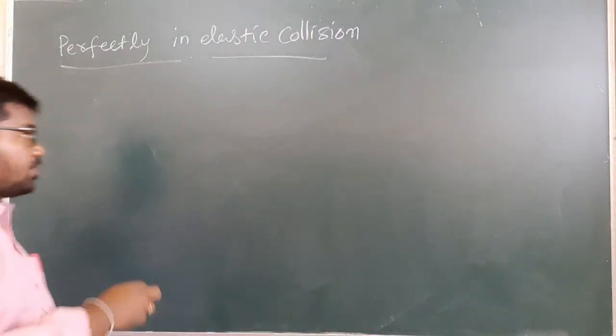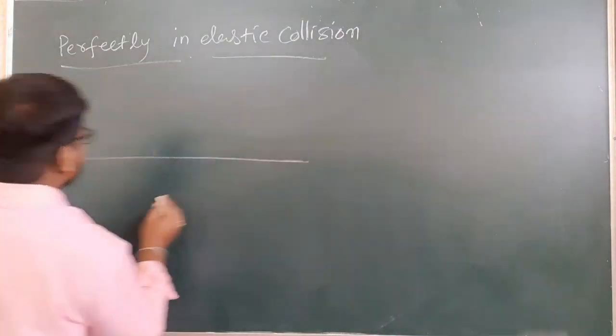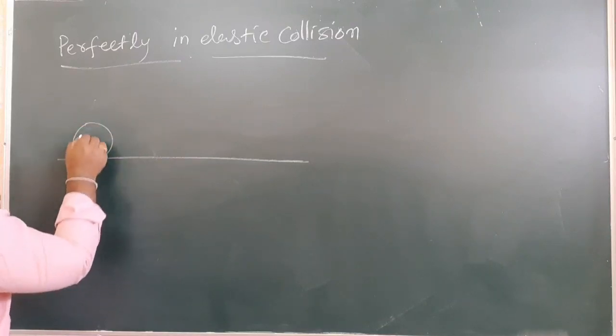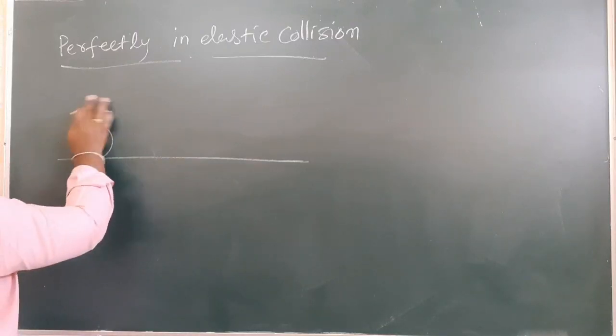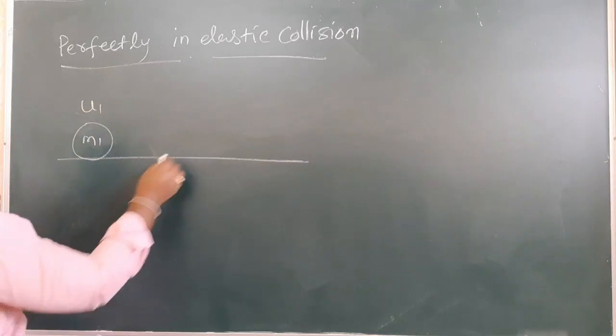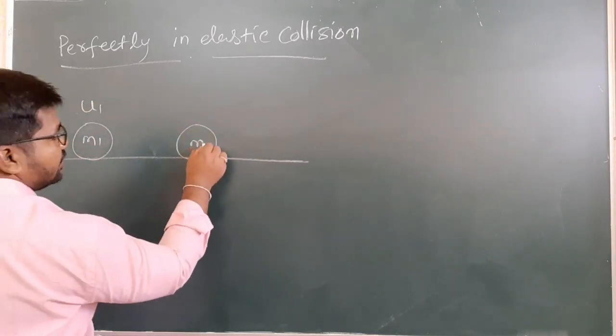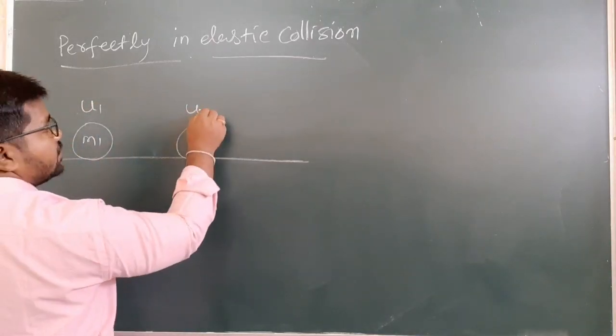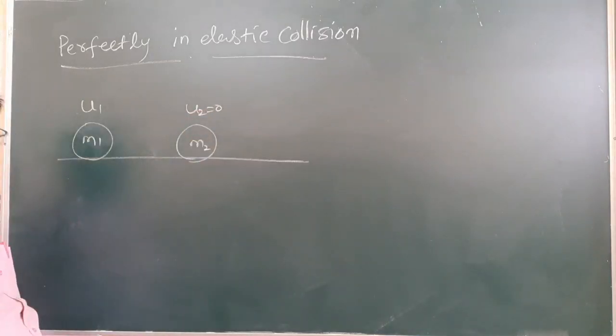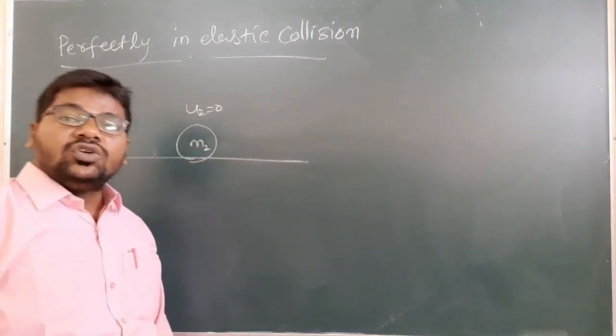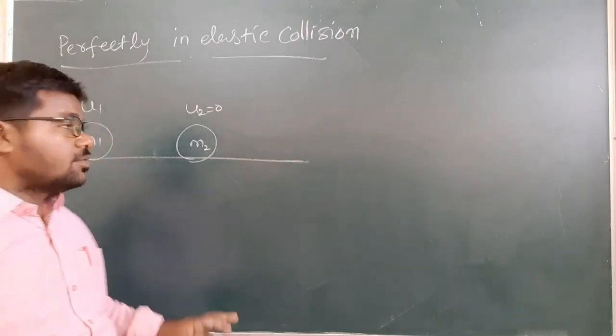Coming to the derivation. This is a straight line. Consider two bodies: m1, which moves with velocity u1, and the next body m2, whose u2 becomes 0. Understand? u2 becomes 0, my dear children.